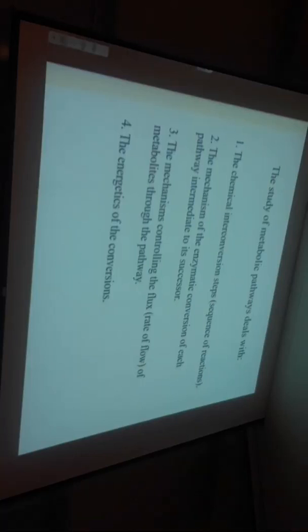We should take a look at the mechanisms of the enzymes participating in these conversions. We should try to understand the mechanisms that control the flux of metabolites through a particular pathway. So which enzymes are being regulated, how are they being regulated, and we also get an idea about which are the regulatory steps when we look at the energetics of these steps, because if we want to look for regulatory steps, we should look for exergonic, irreversible reactions.